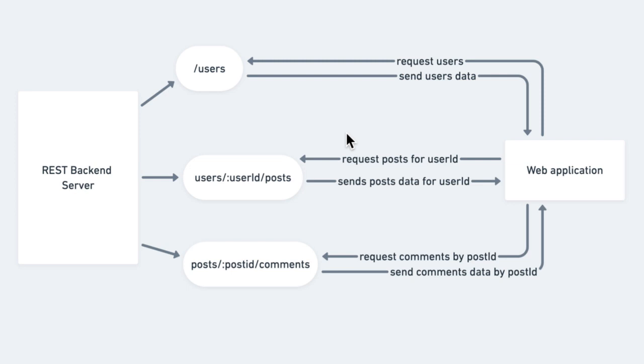Now, if we wanted data related to, let's say, all of the posts for a specific user, if you were to imagine this application to be something that has posts and comments, maybe like a blog of some kind or a forum, our application would have to make a request to a different endpoint where we would maybe have to pass the user ID in as part of the data of our request for all of the posts for some specific user.